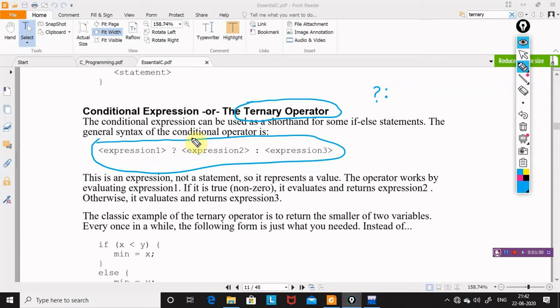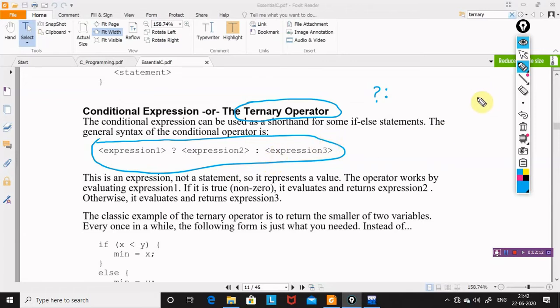On the other hand, if the result of the test condition is 0, that translates to the condition being false, then expression 3 is evaluated and its value is returned as the value of the whole expression, which can then be assigned to a variable.